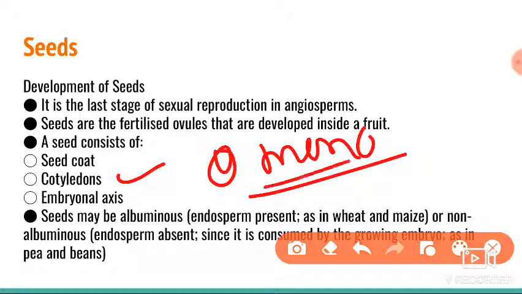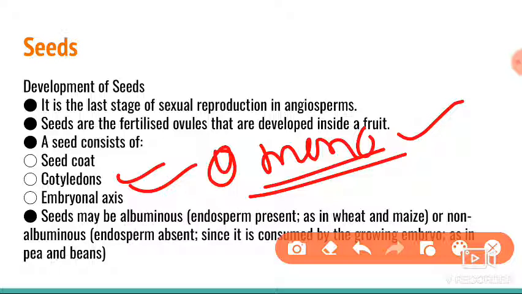Based on the number of cotyledons, we call a plant dicotyledon or monocotyledon. This is the concept about the cotyledons.